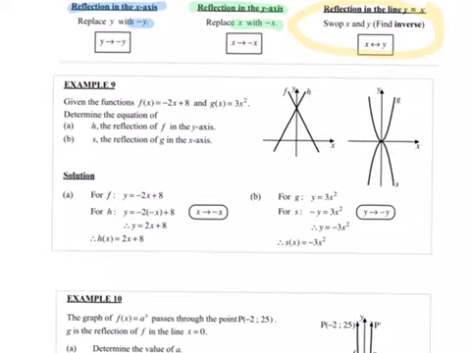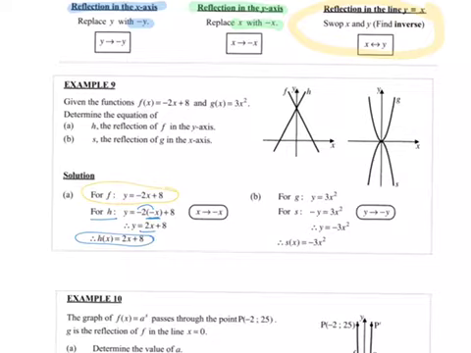So it says determine the equation of h, which is the reflection of f in the y-axis. So for y-axis, you're going to make your x negative. So you write your f equation out, and then for h, instead of x, it's going to be negative x. And then you have negative 2 times negative x is positive 2. So that is the equation of h of x.